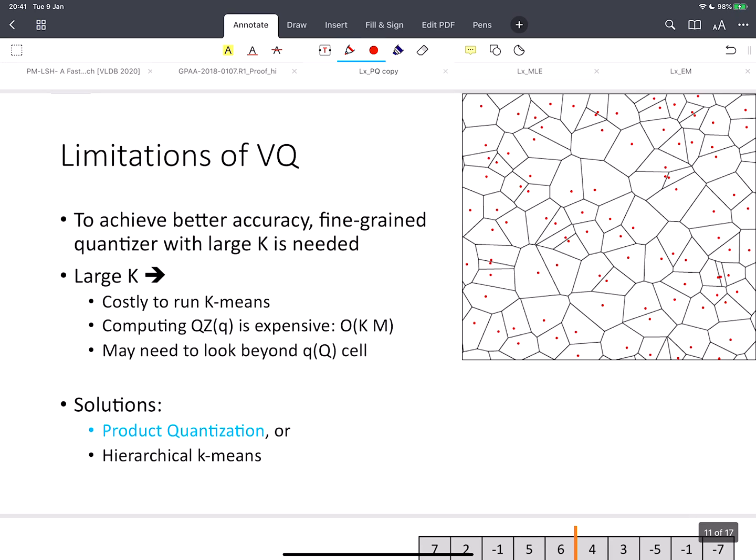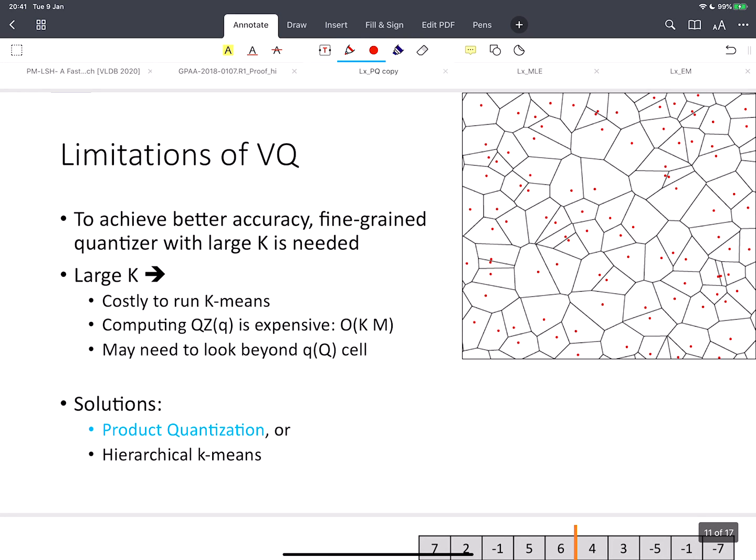In fact, if you want the bound, because it's L2 distance, or most distances satisfy the triangle inequality, say this is your object, this is your code word ck, and this is your query.